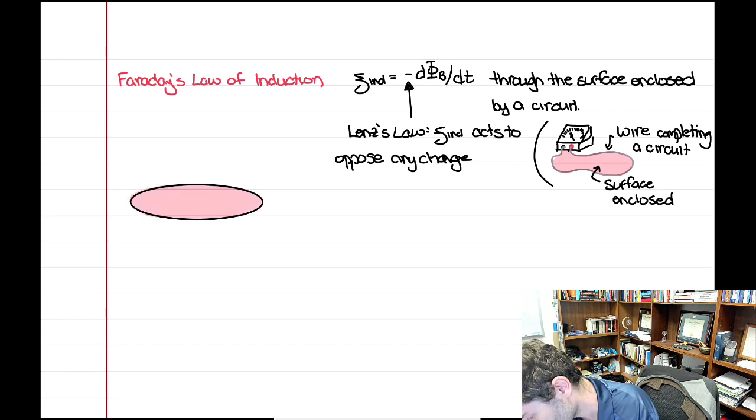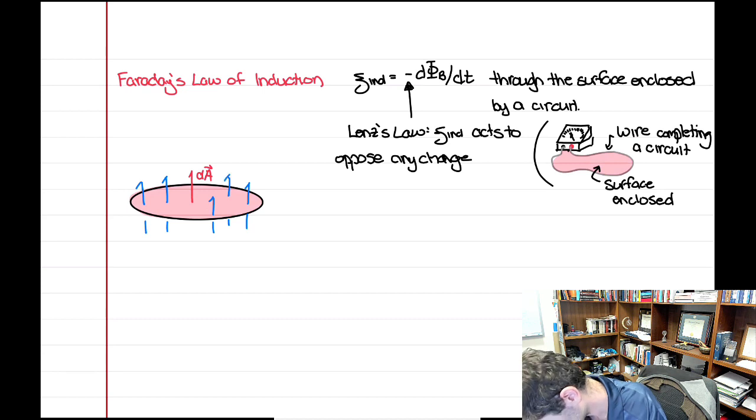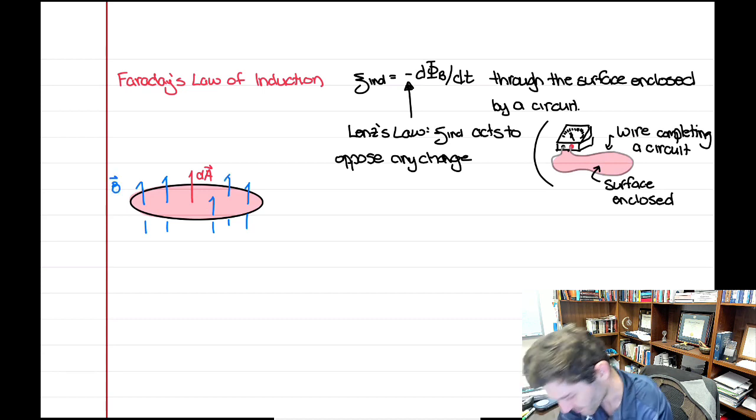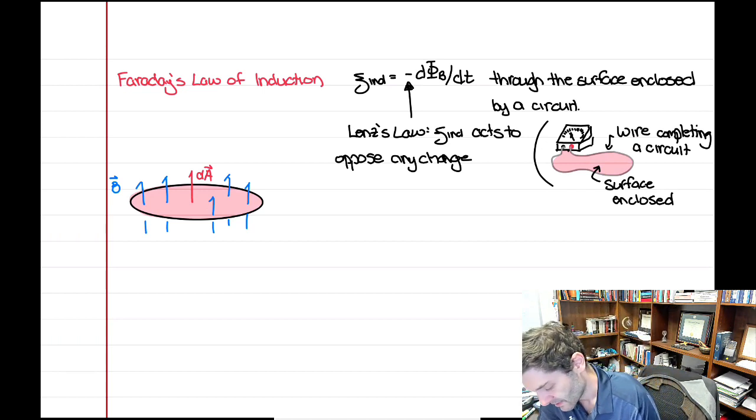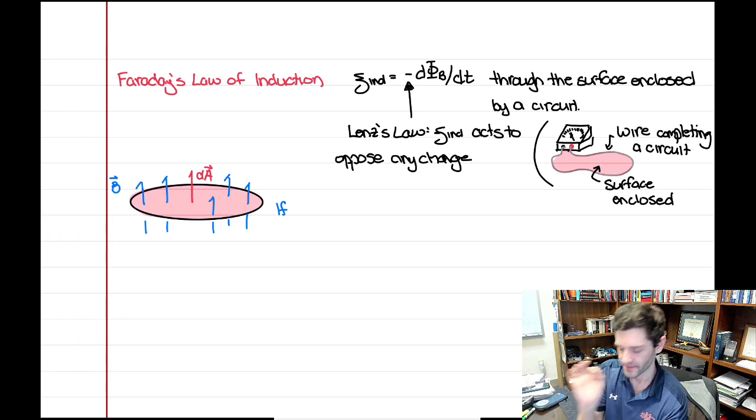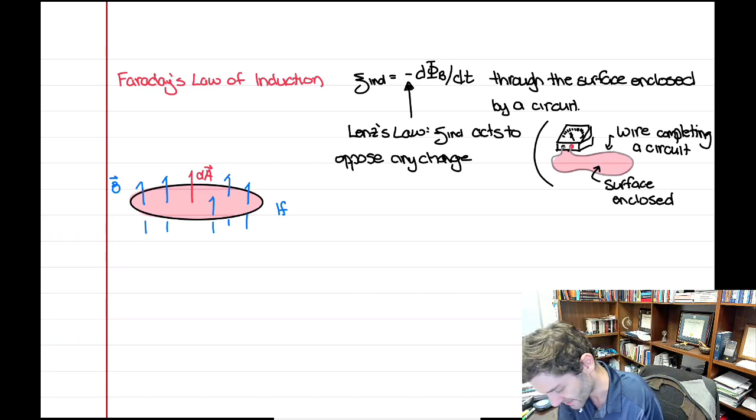I can define my normal vector as pointing up, and I'm going to do that because I know that the magnetic field is also pointing straight up, and I'd rather deal with some positive quantities. There's B. So, if, for example, right, we'll go through a more systematic way of figuring all this out, but just to give a quick overview example.